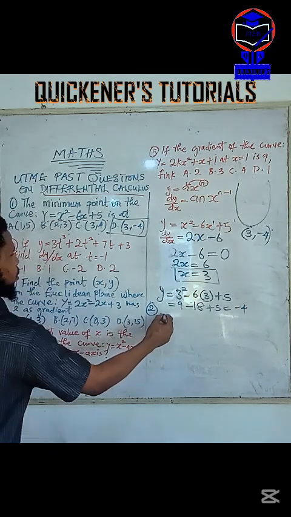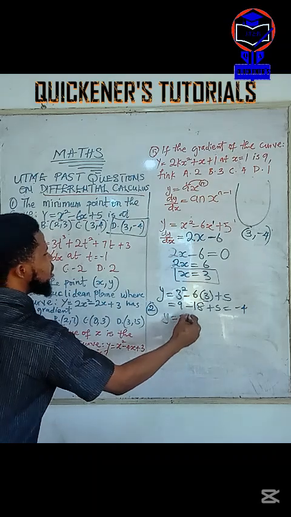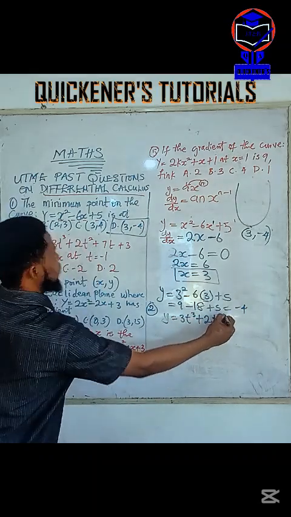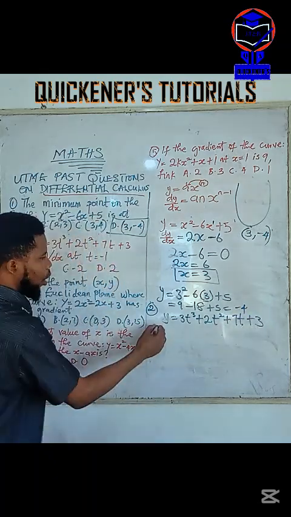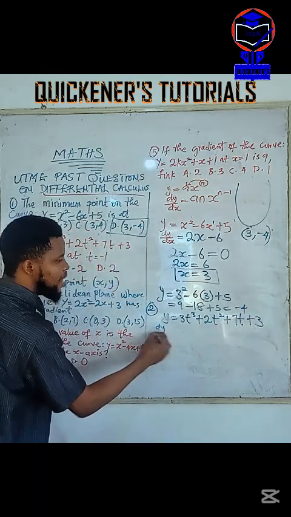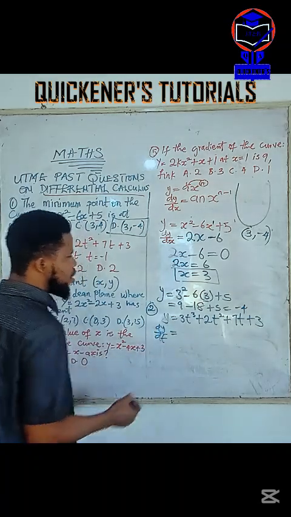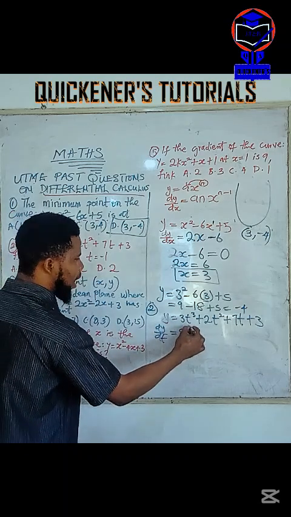So we have y as 3t raised to 3 plus 2t squared plus 7t plus 3. So dy/dt is what? 3 times 3, that's 9t squared.